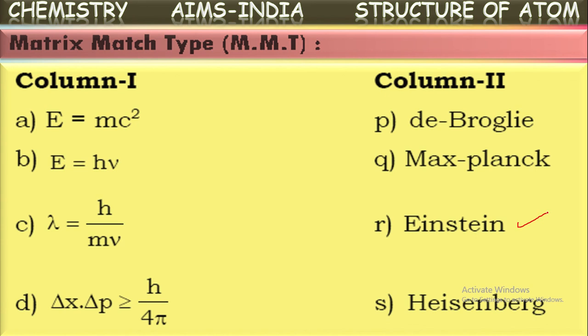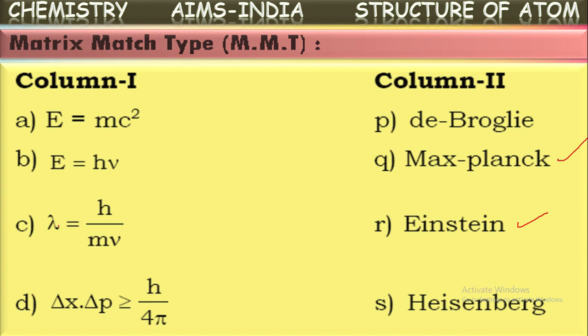Next, E is equal to h nu. This is the equation which was given by Max Planck, where E represents energy, h is Planck's constant, nu is frequency. So it was given by Max Planck.